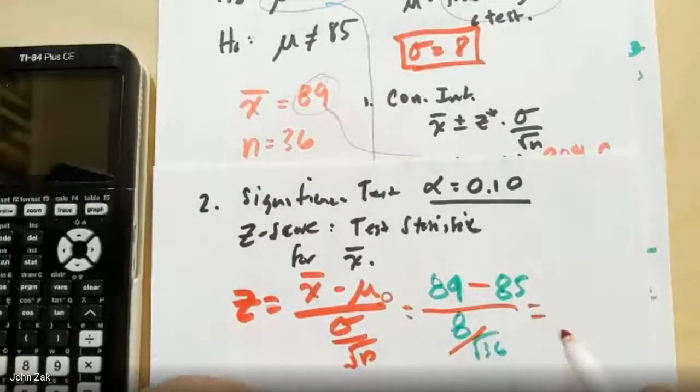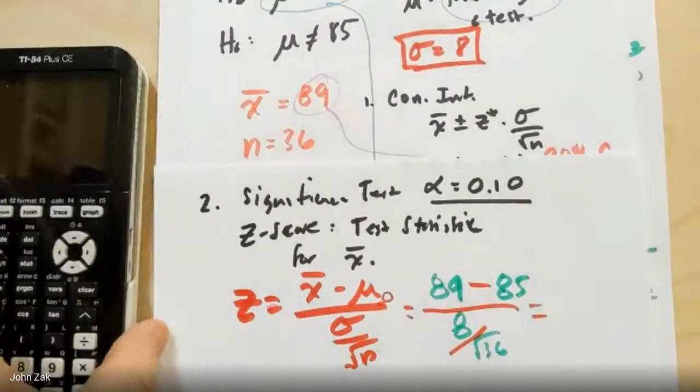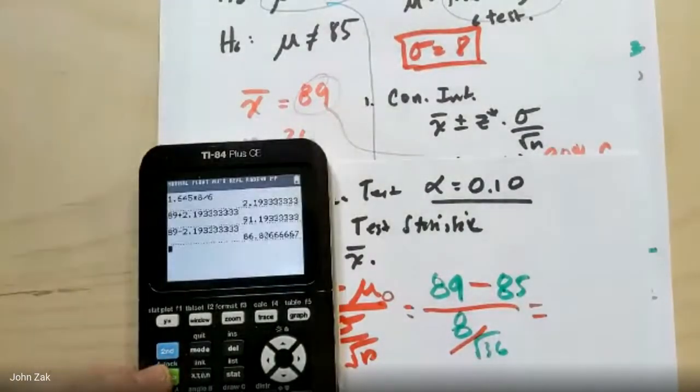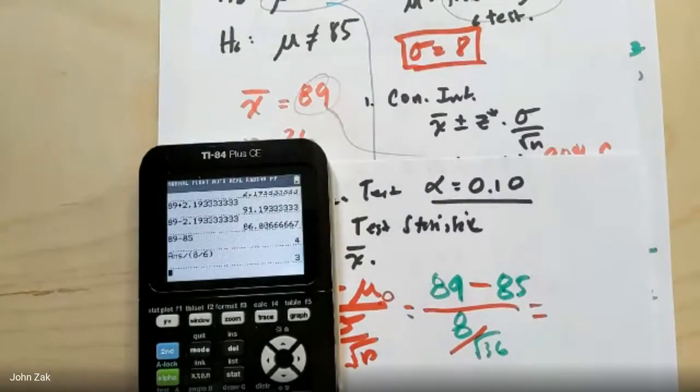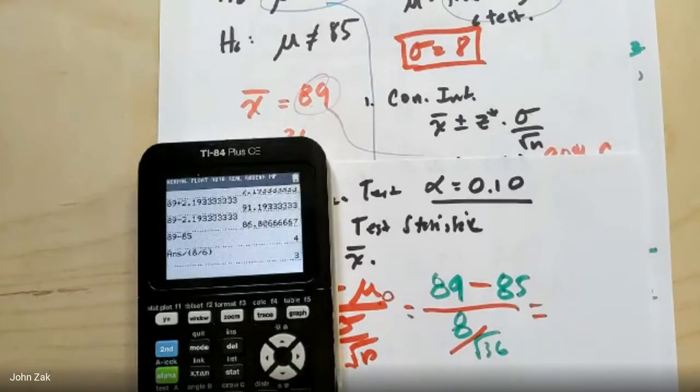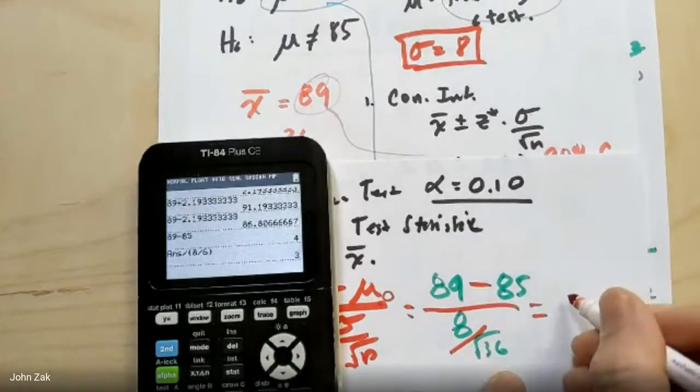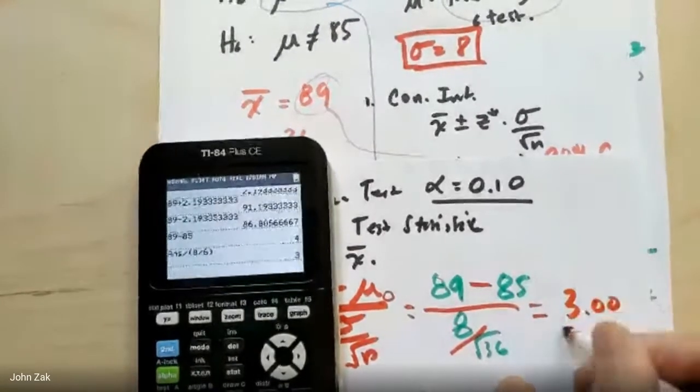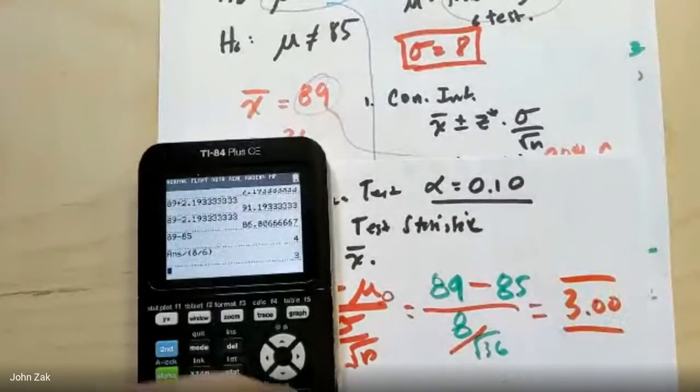Let's see what we got as a z-score. 89 minus 85 divided by 8 divided by 6. Exactly 3. Holy smokes, that's pretty crazy. It came out to exactly 3.0. It almost never happens.